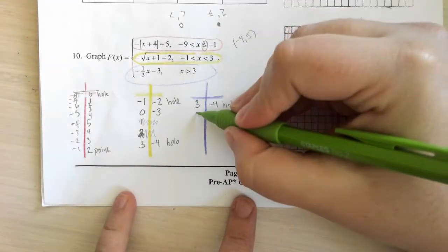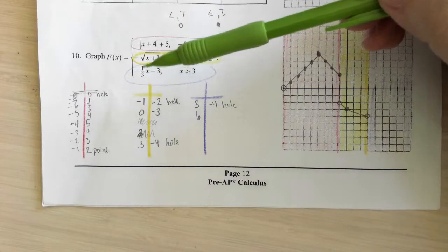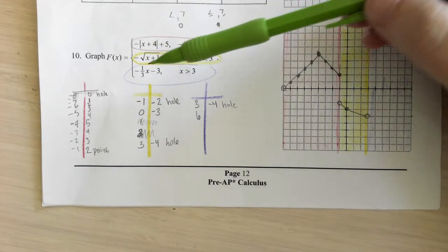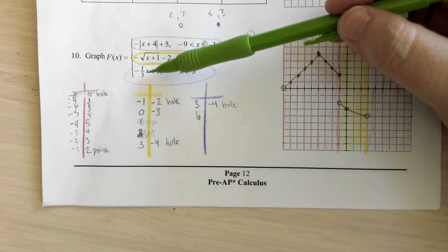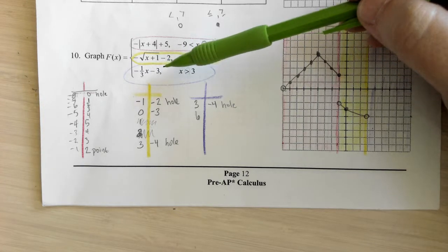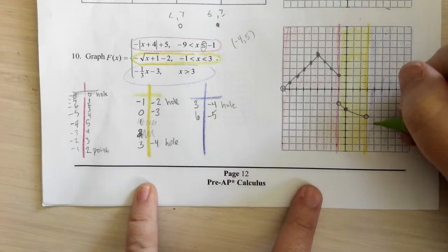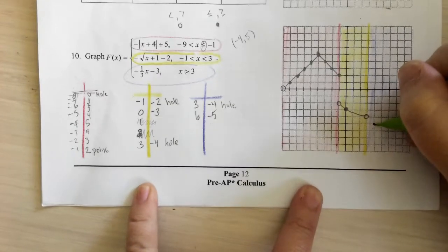Next number I think of is 6, because now I want to plug in a 6. I've got negative 1/3 times 6. If you do the math on that, negative 1/3 times 6 is actually a negative 6/3, which is a negative 2. And that minus 3 gives me a negative 5. So I got my next point here at 6, negative 5.